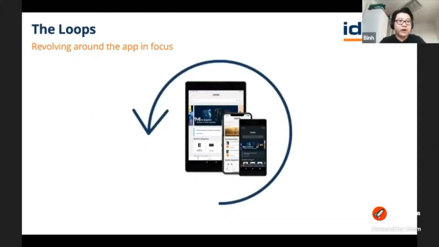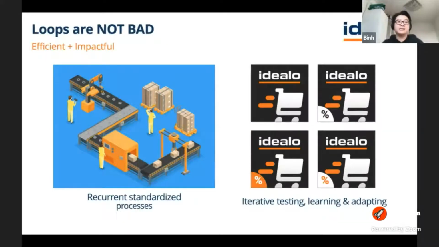The loops are very important, but it's revolving mainly around the app as the main focus, which, by the way, is not bad because it gives us, at least at idealo, 2 advantages. Number one, these cycle-based activities or loops make us more efficient with, for example, recurrent, standardized, professionalized, or sometimes even automated processes.